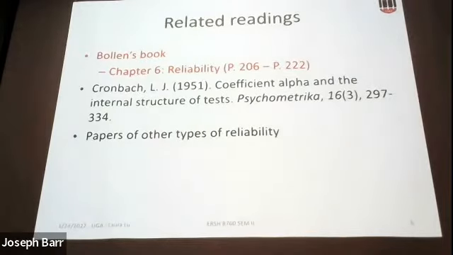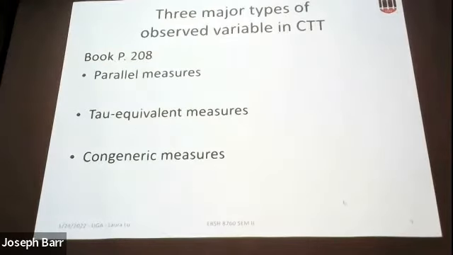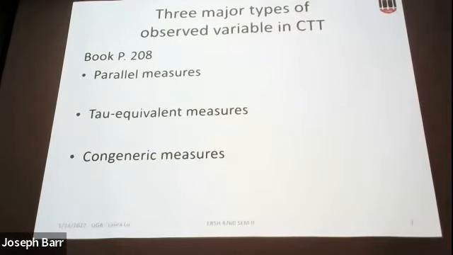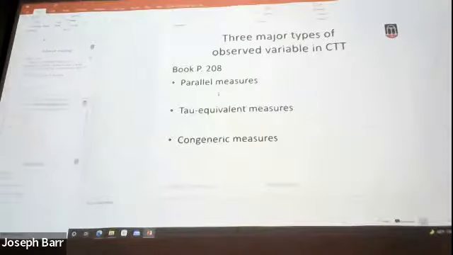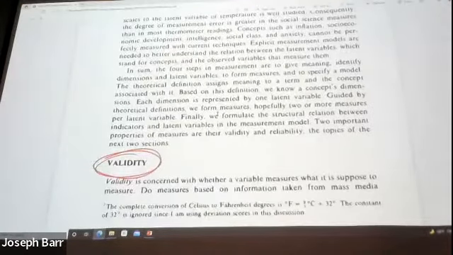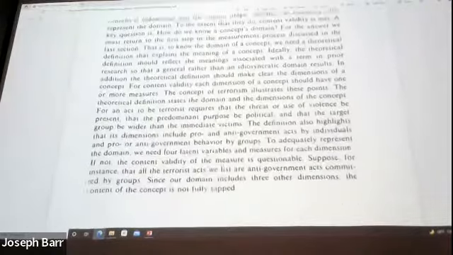And again, look at chapter 6 about reliability. So basically, we have 3 types of measures in CTT. We start from classical test theory. So let's look at this chapter.